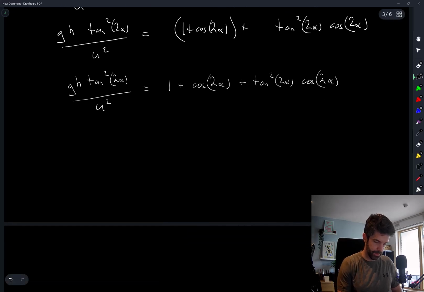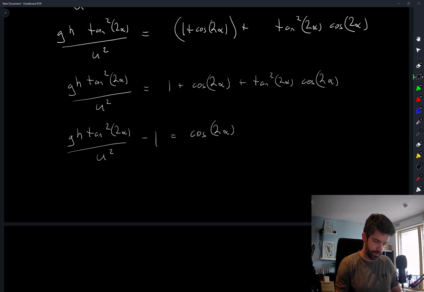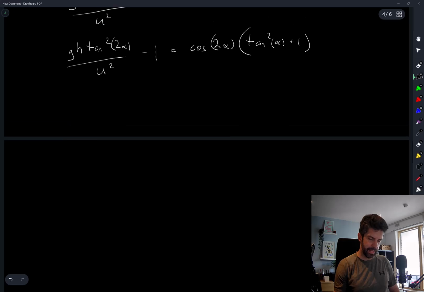So g h tan squared 2 alpha divided by u squared minus 1 is equal to cosine 2 alpha times tan squared alpha plus 1. Yeah, this looks really messy.